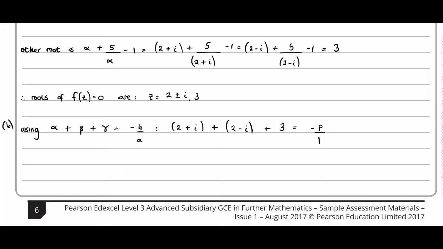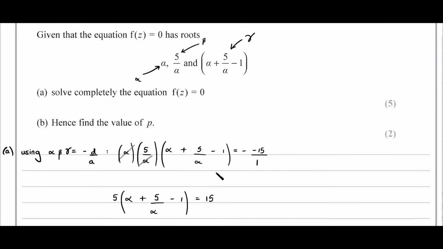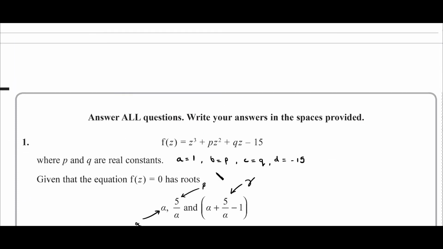So we see that 7 is equal to minus p, so p is equal to minus 7. And with that being said, we can therefore conclude over here that f(z) is equal to z cubed minus 7z squared plus qz minus 15. Okay?